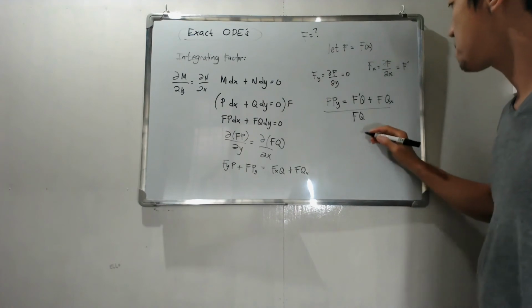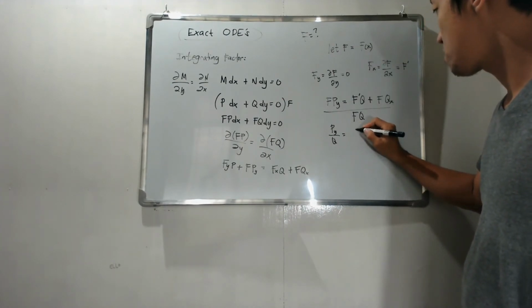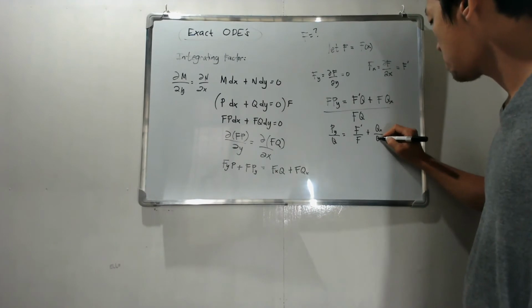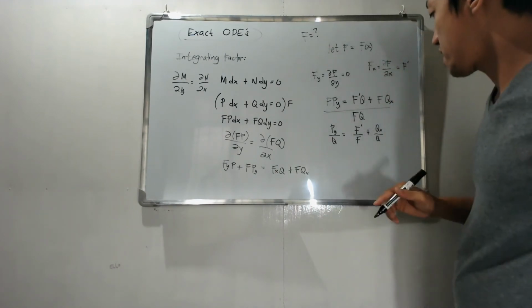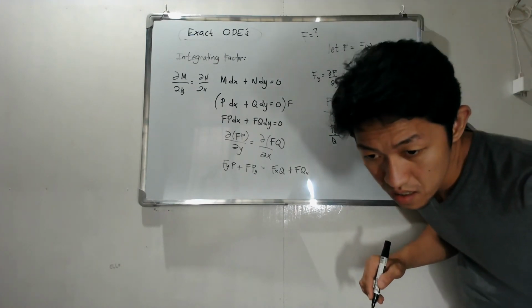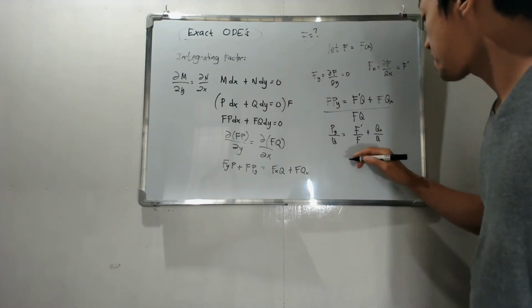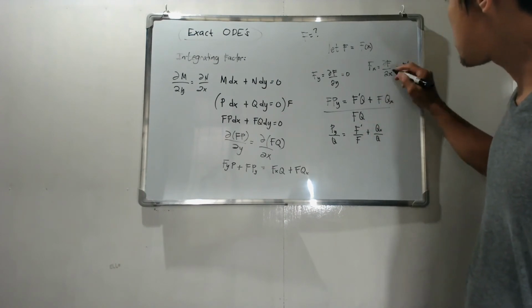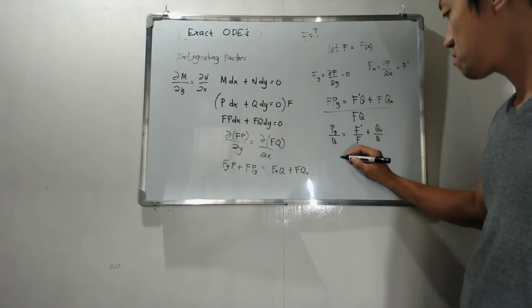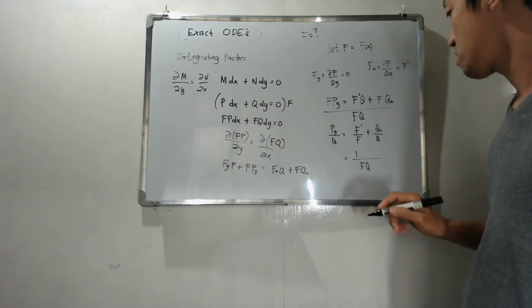So we have P sub y over Q is equal to f prime over f plus Q sub x over Q. Again, f prime is df over dx.